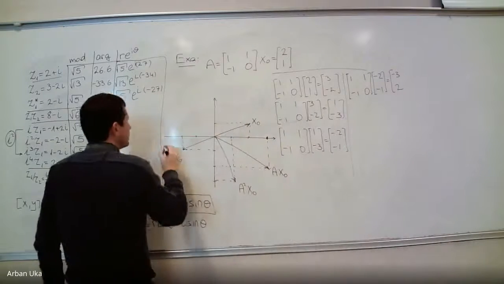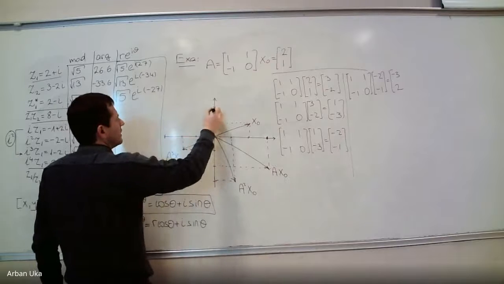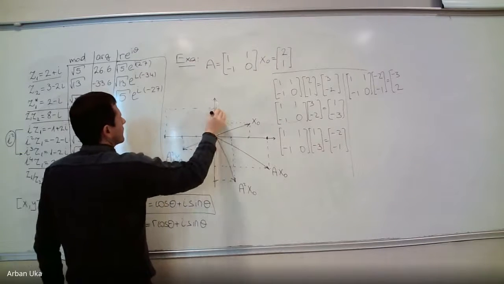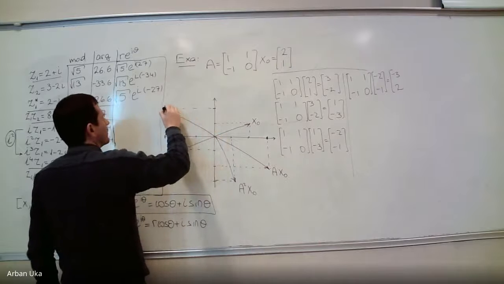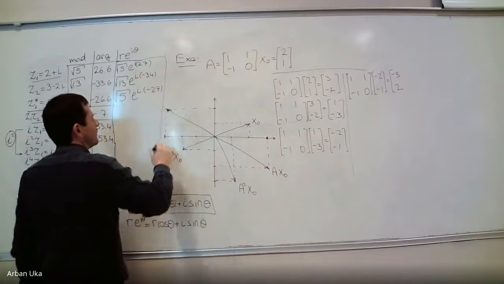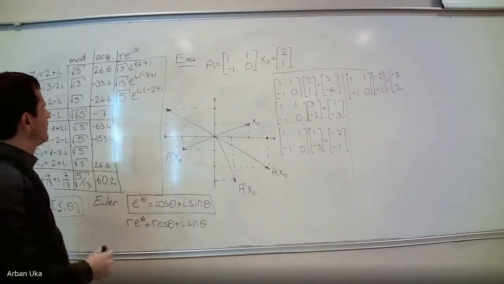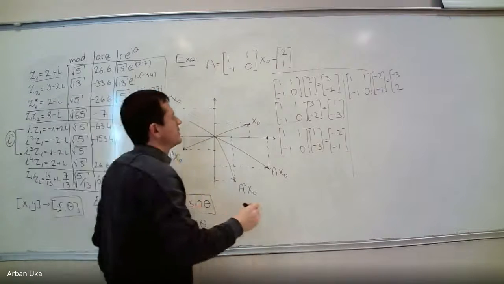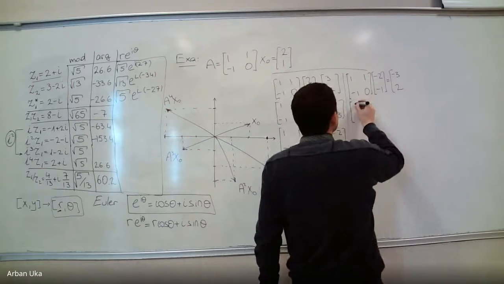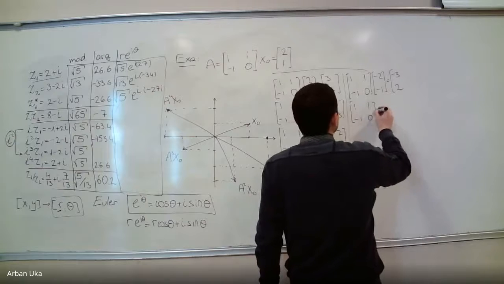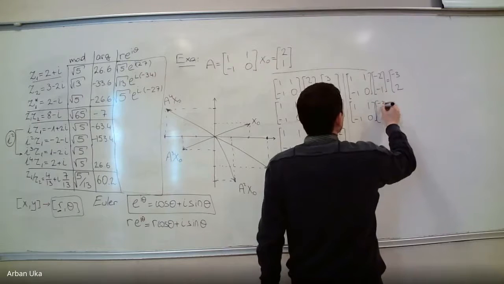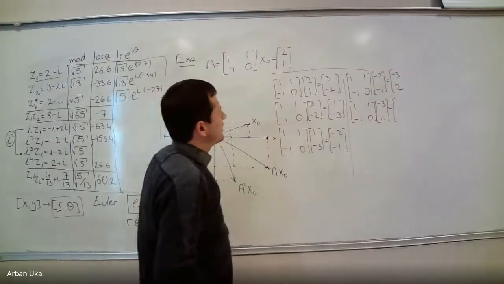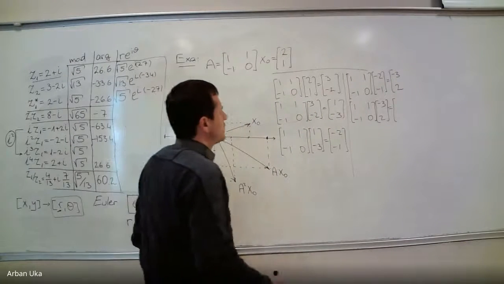It's here. So this is minus 3, 2, and we can write this as A to the power 4 times x0. If we multiply this again, we get minus 1 and 3.